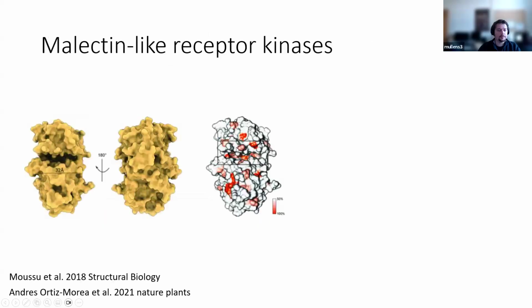So looking more into what this gene is, it's a lectin-like receptor kinase. Its extracellular ectodomain has tandem lectin-like domains, and in the related genes that have been characterized, it forms a cleft in the middle between these two lectin-like binding domains, and they bind signaling proteins in this cleft.